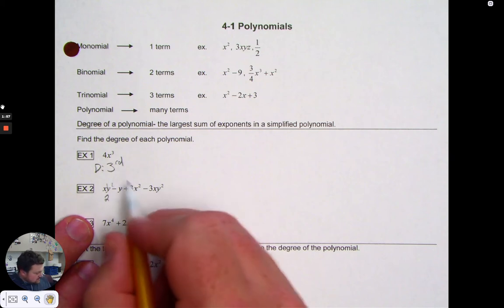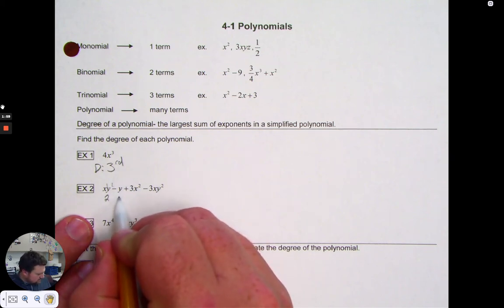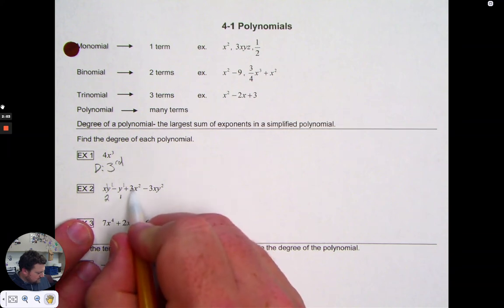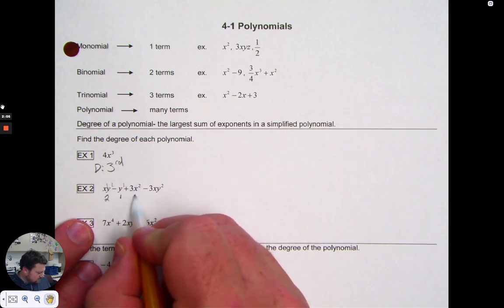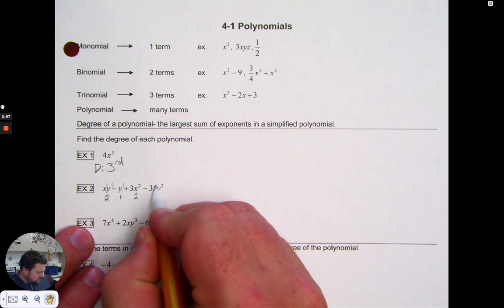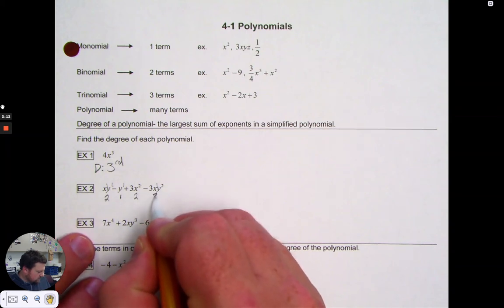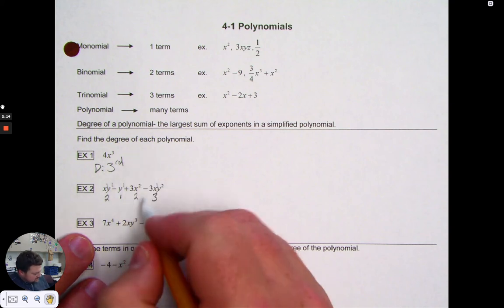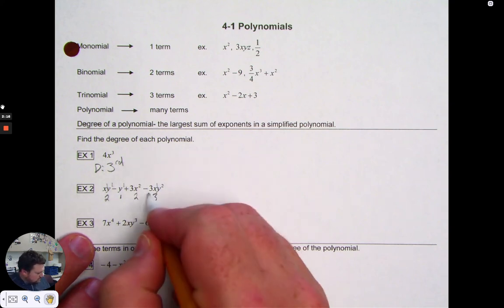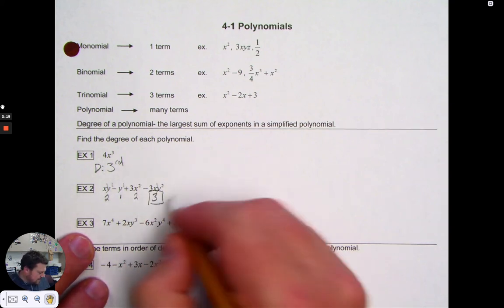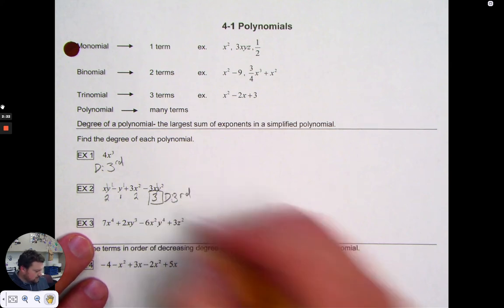The second term is a y by itself, so that's just 1. 3x to the second, we have the second power, so that's a 2. And then here, this is really a first power on our x, so that's a 1 plus 2, or 3. Because the largest one is 3, that is our degree. So again, this is a third degree polynomial.